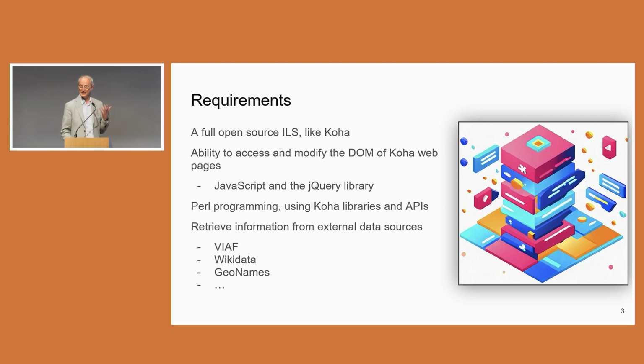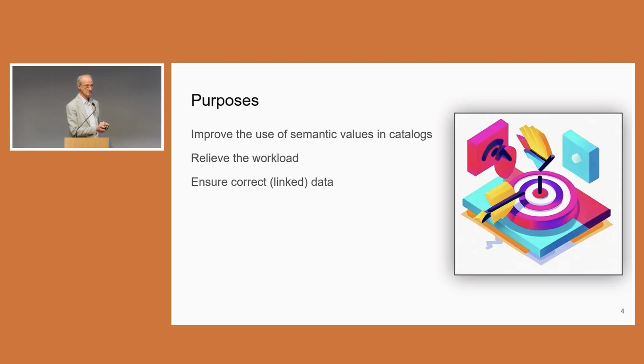Even if they are difficult, they are the clever, the very important contribution of our professionality to this kind of work. So the purposes of doing this is to improve the use of semantic values in our catalogs, to relieve the workload, and ensure correct linked data.